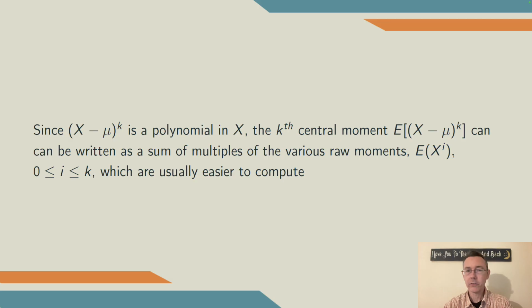In practice, this isn't generally how we compute skewness, much less kurtosis, or higher central moments. Rather, we do that by leveraging the fact that the expected value of (x minus mu) to the k can be written as a sum of multiples of the various raw moments, and those raw moments are in general much easier to compute.